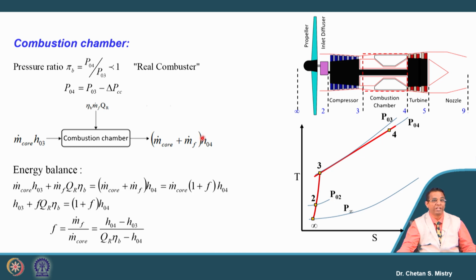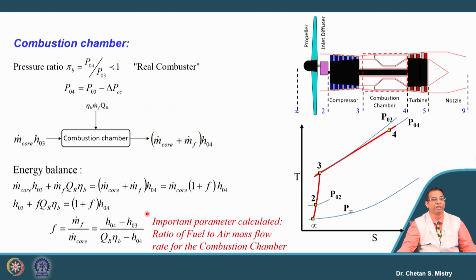Now if I write my energy balance, we can calculate the fuel air ratio for this combustion chamber, that is, we are able to calculate the value of F. Here again, let me put the point: in order to achieve a particular temperature you can calculate your fuel air ratio, or the other way, if you know your fuel air ratio, you can calculate your turbine entry temperature.